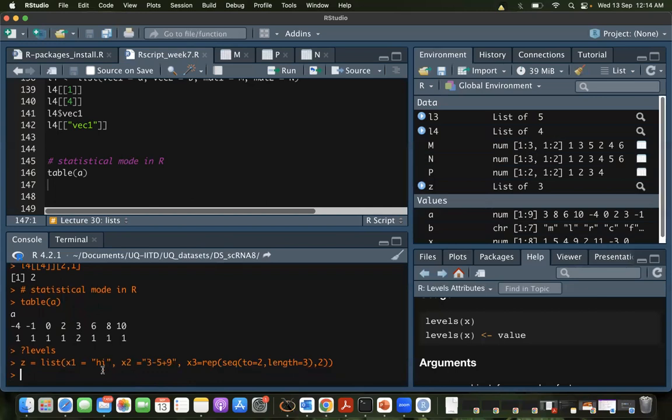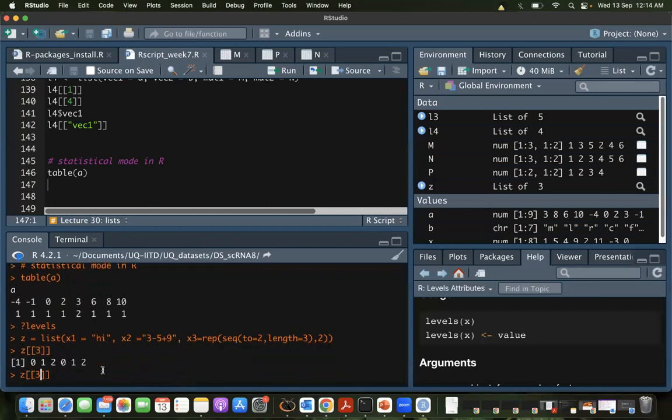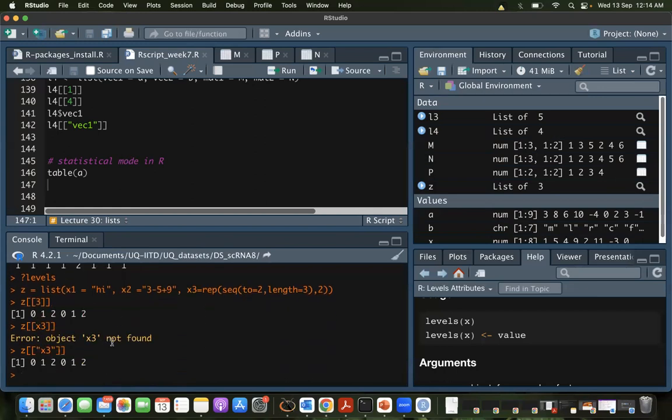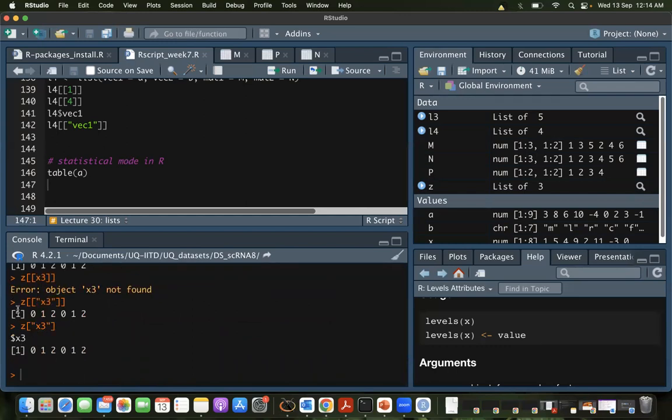So that's Z here. And we've seen that you can refer to it like that. And if I do not write the 2 square brackets, you see there's a slight difference here. It is able to recognize that it's the third element, but it's still giving me the dollar, that third element's name.